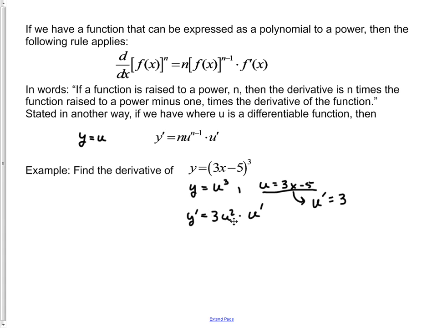So replacing u and u prime with their equivalents in terms of x, y prime is equal to 3 times the function 3x minus 5 quantity squared, times 3. Simplifying that one more time, y prime is equal to 9 times (3x minus 5) squared.